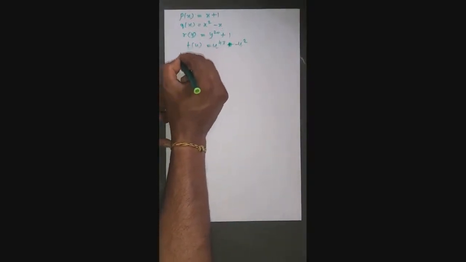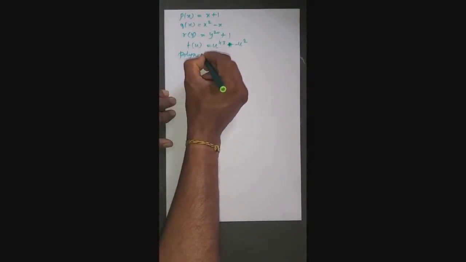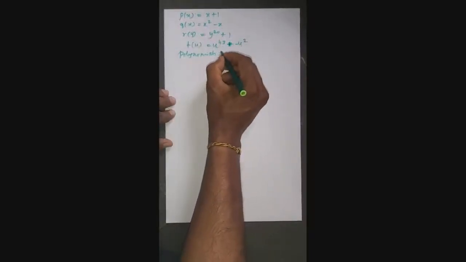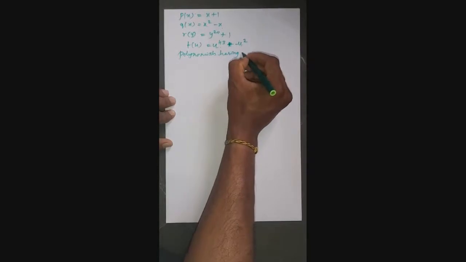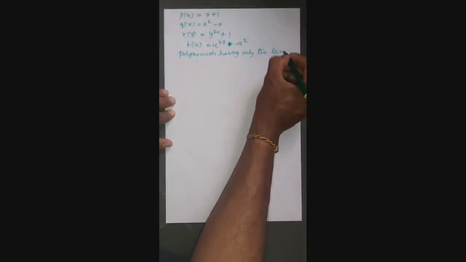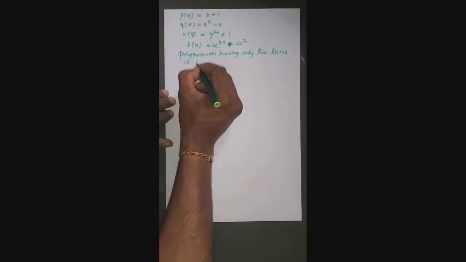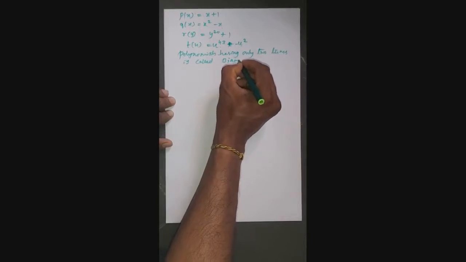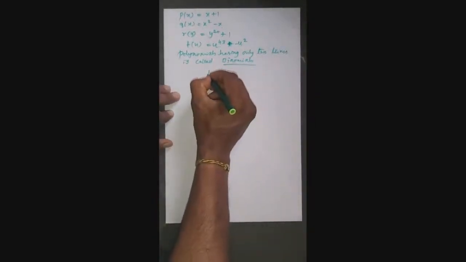Polynomials having only two terms are called binomials. Bi means two.